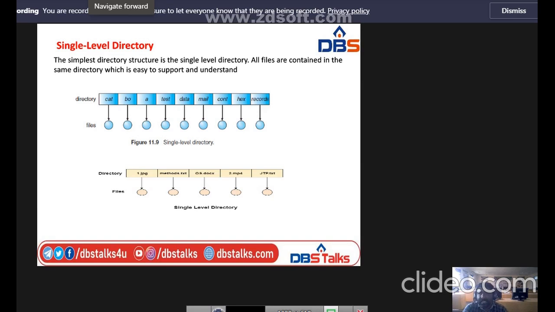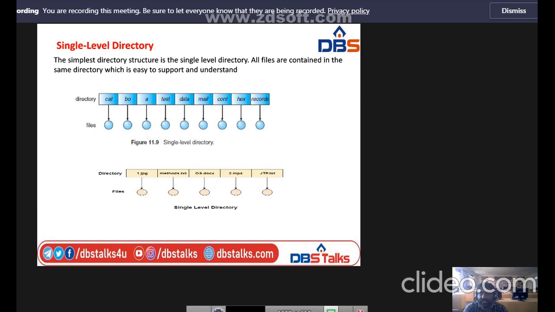So first is the single level directory. This is the representation of the single level directory. The simplest directory structure is the single level directory. All files are contained in the same directory, which is easy to support and understand. But the implementation has limitations when the number of files increases or when the system has more than one user.